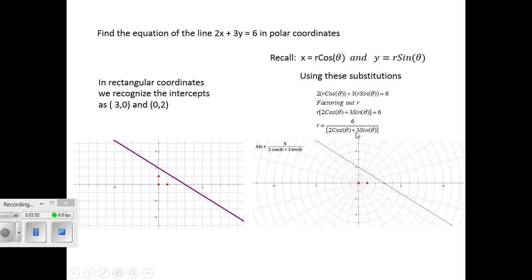Awkward looking equation of sorts, but nonetheless, it is the equation of a line in polar. Not too often are we going to be interested in representing a line in polar, but there you have it.